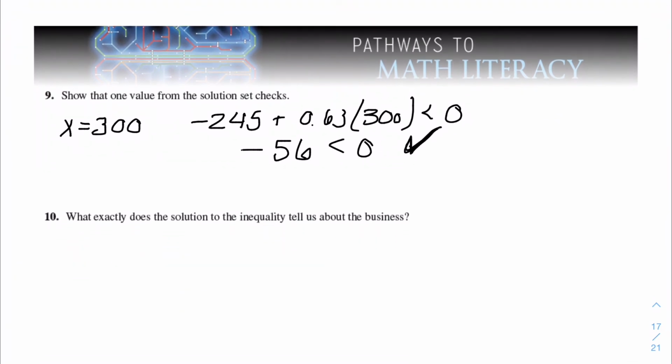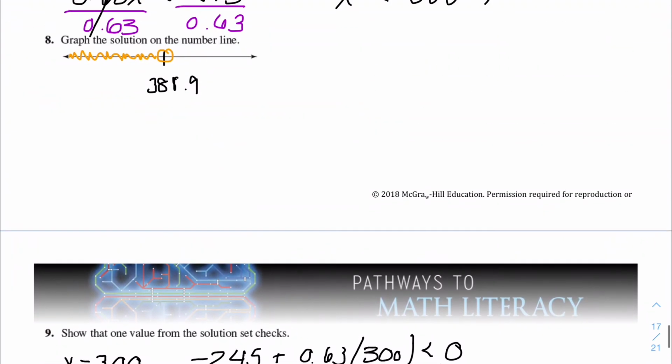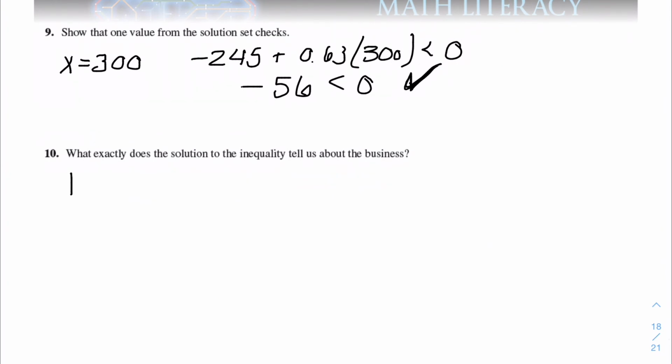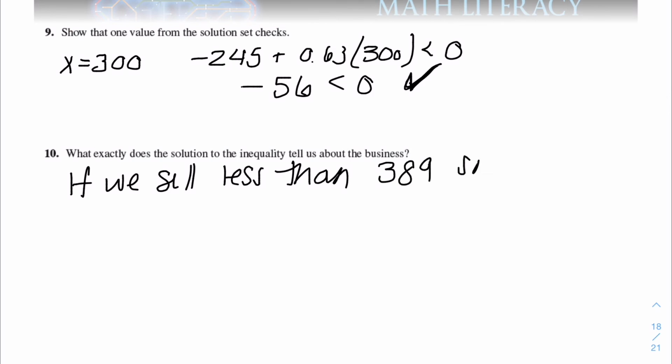So these solutions, any value that falls inside this interval is going to tell us that we are earning negative profit. So if we sell less than 389 snow cones, our business will lose money.